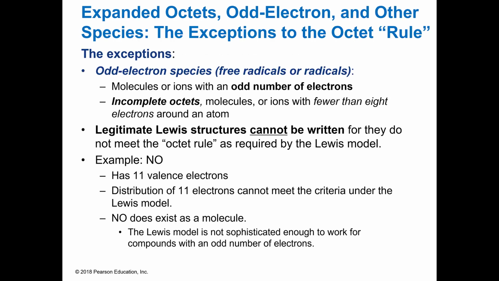So we're going to look at some of these exceptions. The odd electron species, the free radicals, we're not really getting into those, but they do have incomplete octets, so they'll have fewer than 8 electrons around them. You can't write legitimate Lewis structures for those because they won't really meet the octet rule.